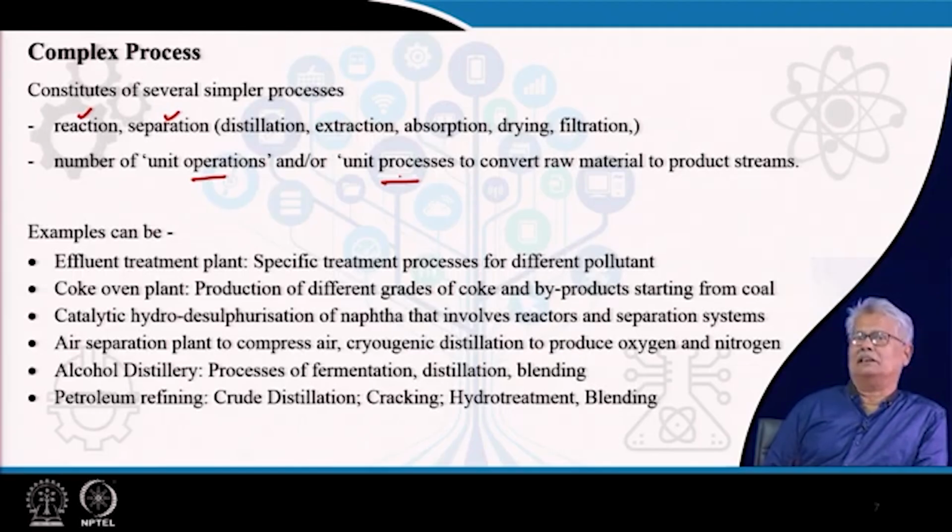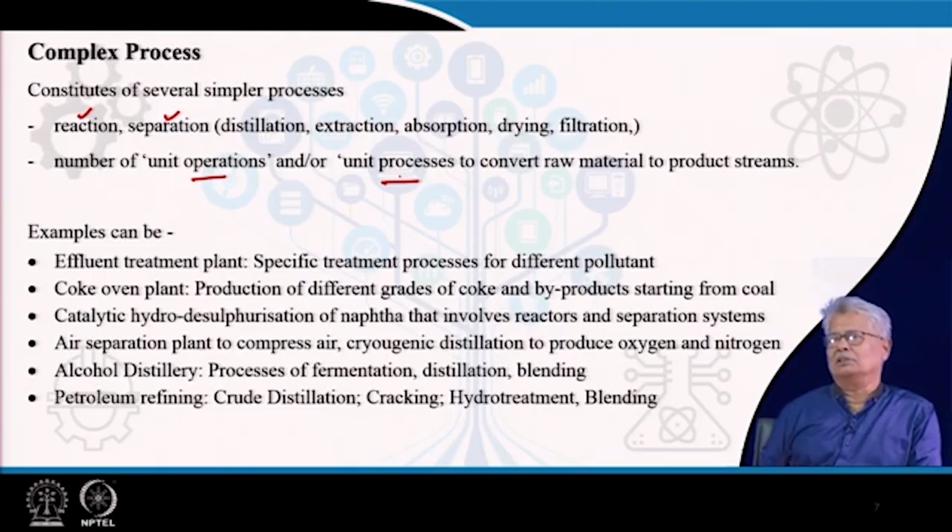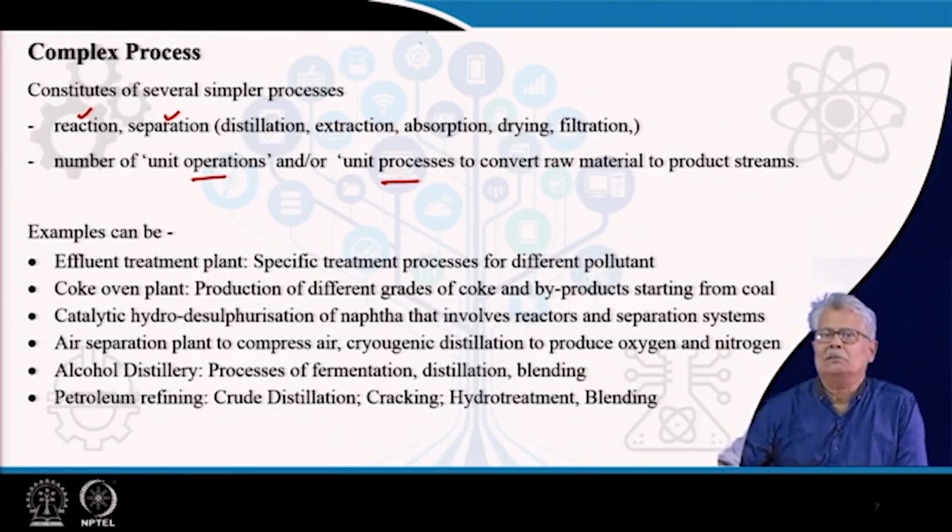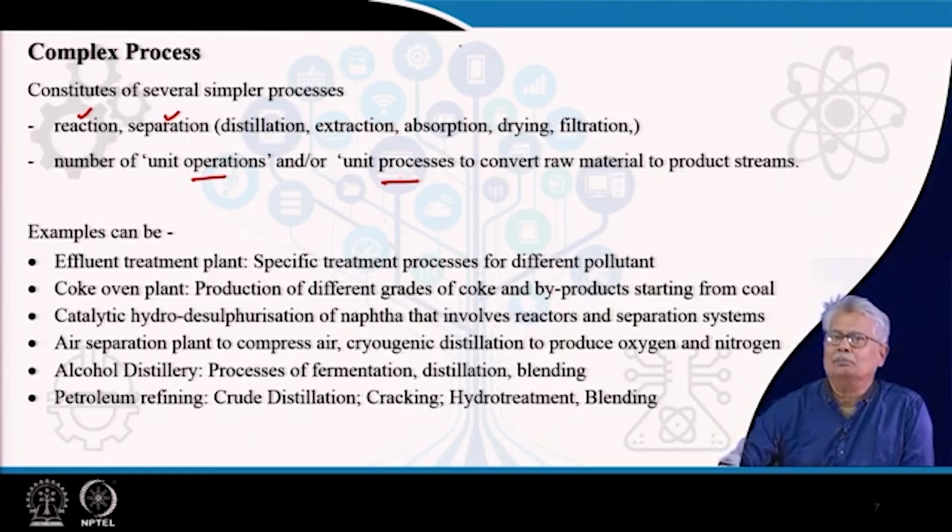In case of refining, the major process is that of distillation. Crude distillation is the first step in any refining process. But apart from this, you have other processes which could be cracking of hydrocarbon, hydrotreatment to remove certain impurities, and blending of streams. So, all these together makes the complex process.